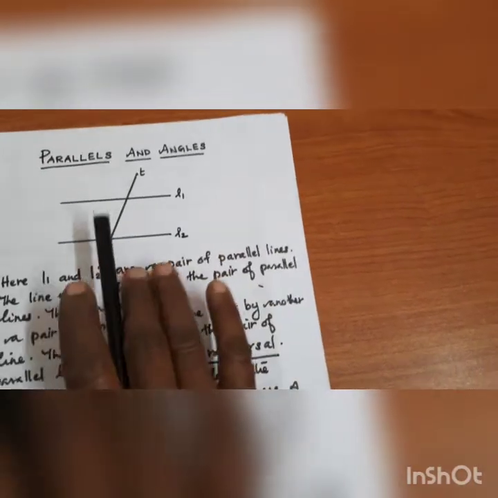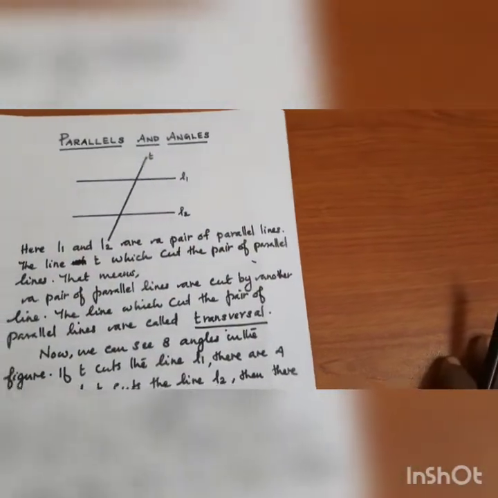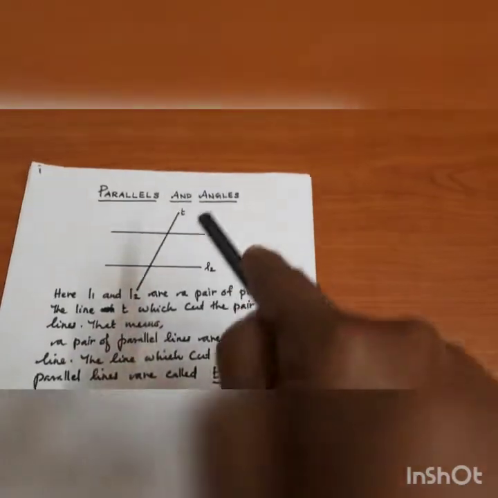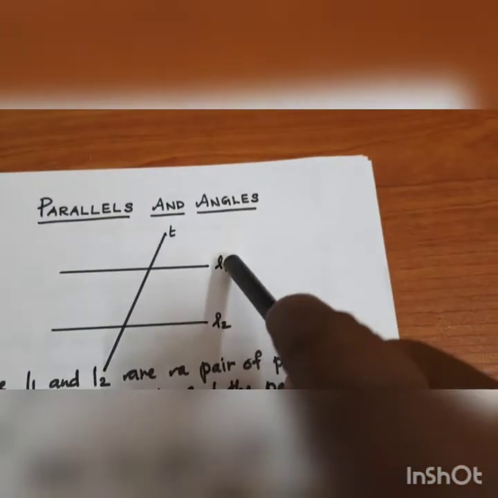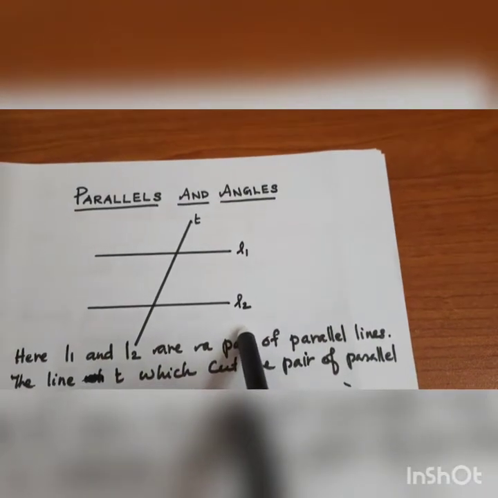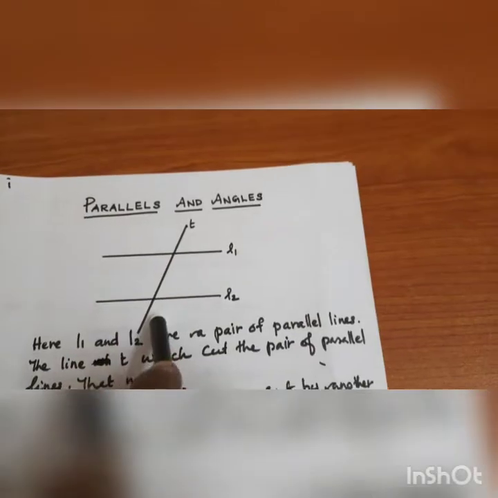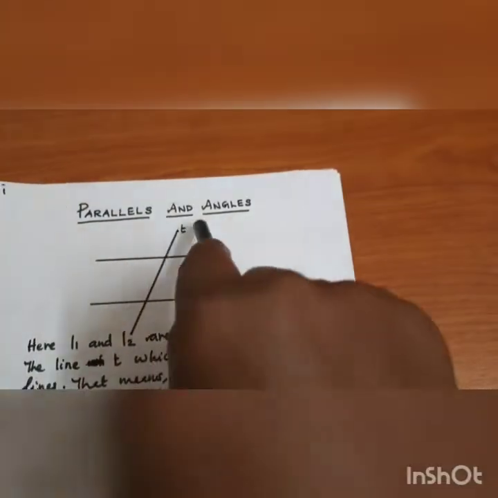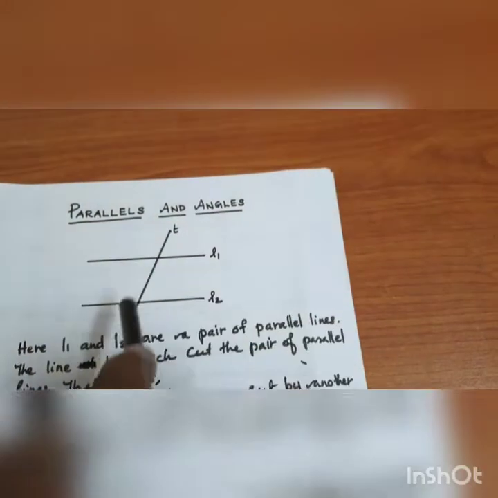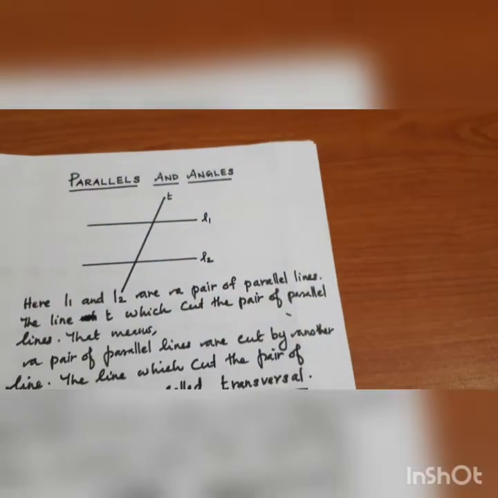That was the last class. Okay, here in the figure, we can see a pair of parallel lines named L1 and L2. And there we can see another line which cuts the pair of parallel lines.